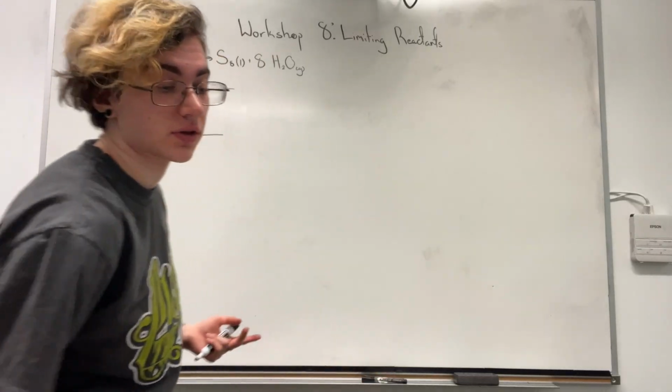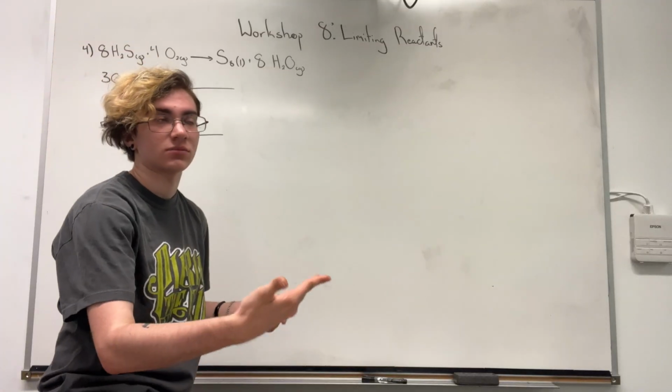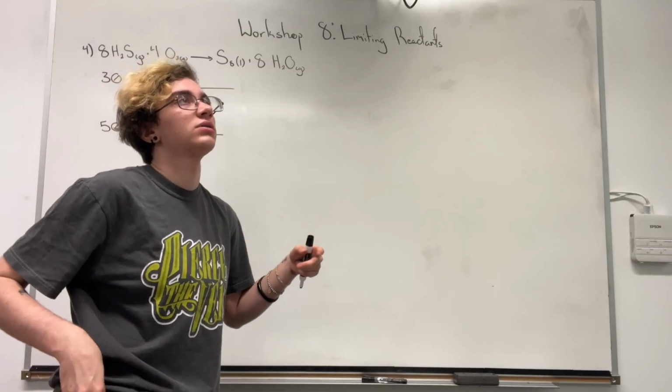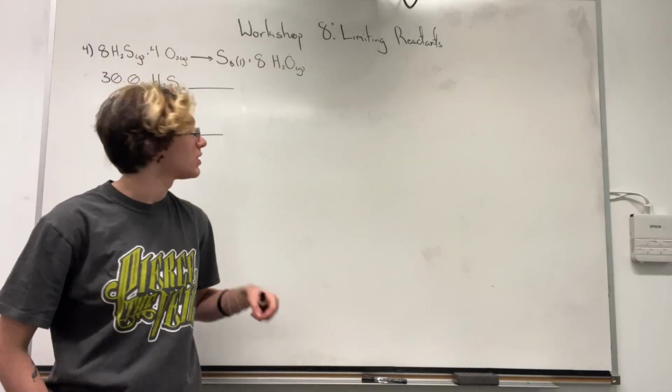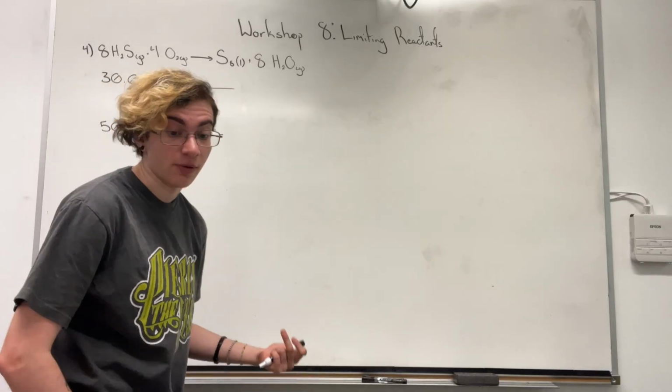But again, we're going to start this process the same because we still need to know how far this reaction can actually proceed to know what the 98% is coming from. What is our 100% that we are taking 98% of?